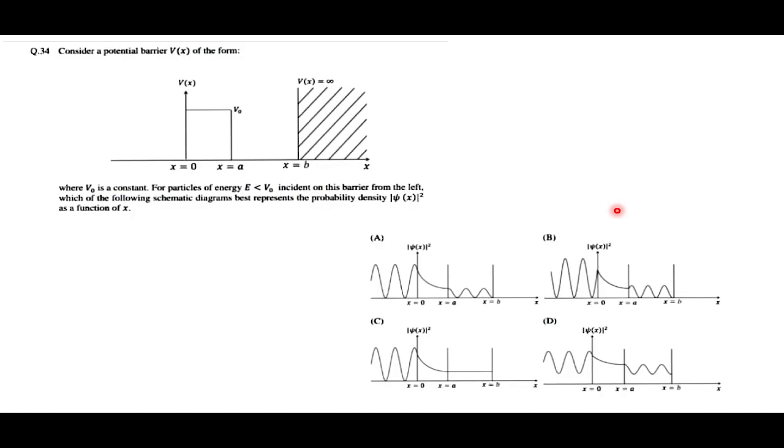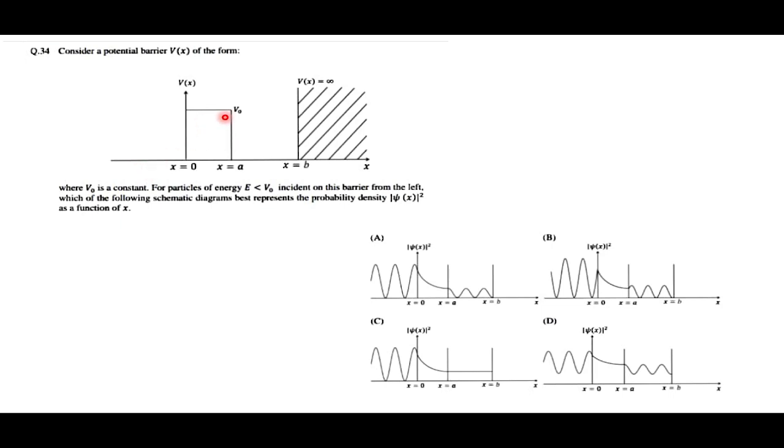Now this question, I have not solved this in my copy. This question is very easy according to me. Let me read the question first; I will explain it verbally, this will not make any difference. Here is the schematic of a potential barrier.